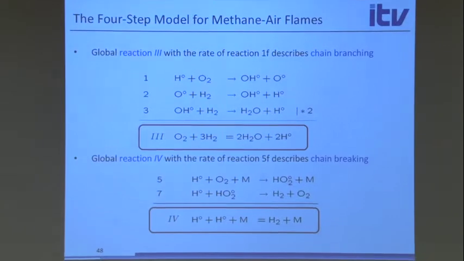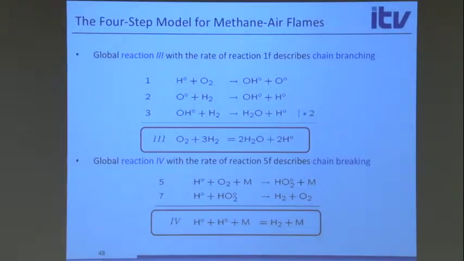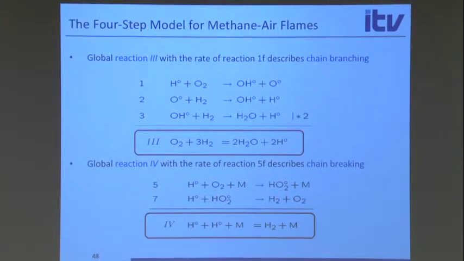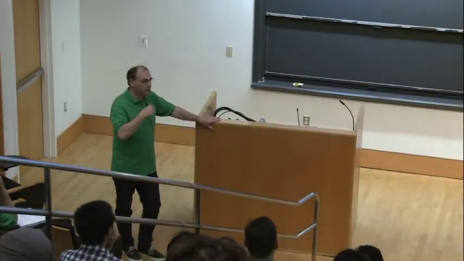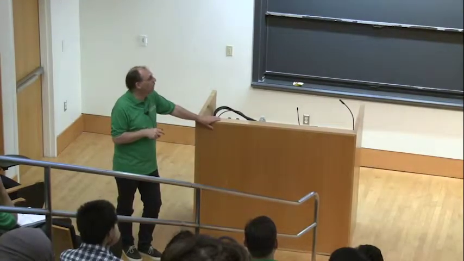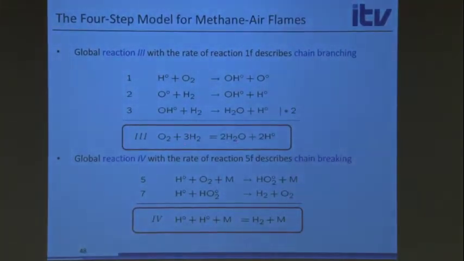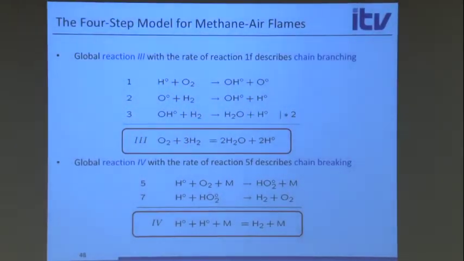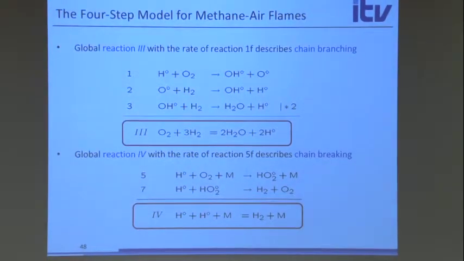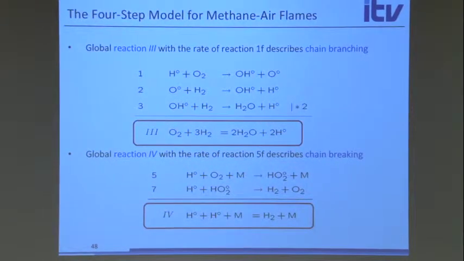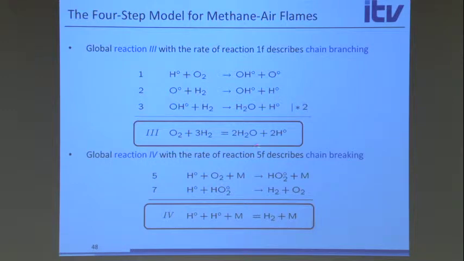Okay, so that's the global reaction, but it is a somewhat different global reaction from the one-step global chemistry, which just shows you the overall effect. This here is a systematically derived global reaction which gives the effect of this first reaction. And then, what's the reaction rate at which this proceeds?